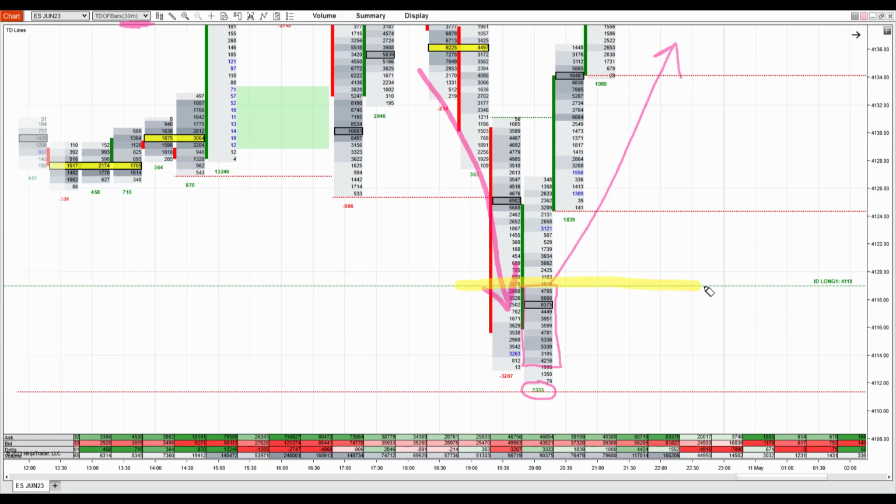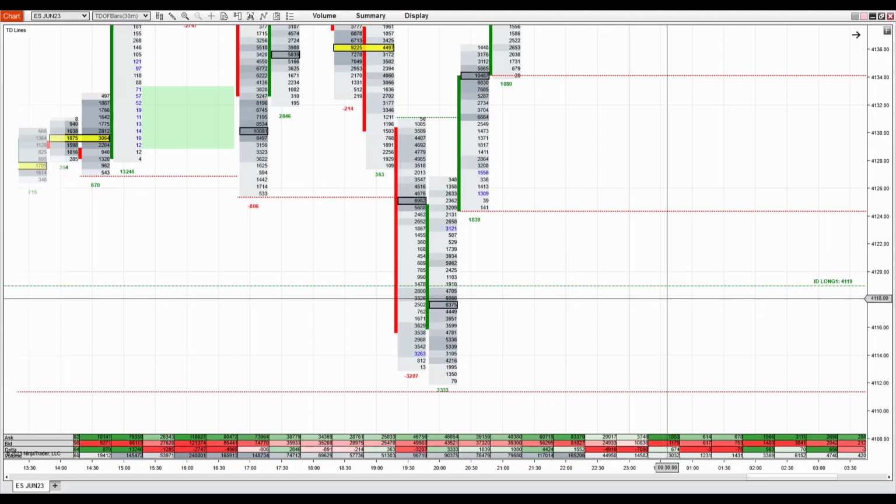And this is our level. This is our support, 4,119, the beginning of that heavy volume zone of this volume block. So this is how you can see and trade this level using the order flow optics, which is ideal for intraday trading, exactly like this.